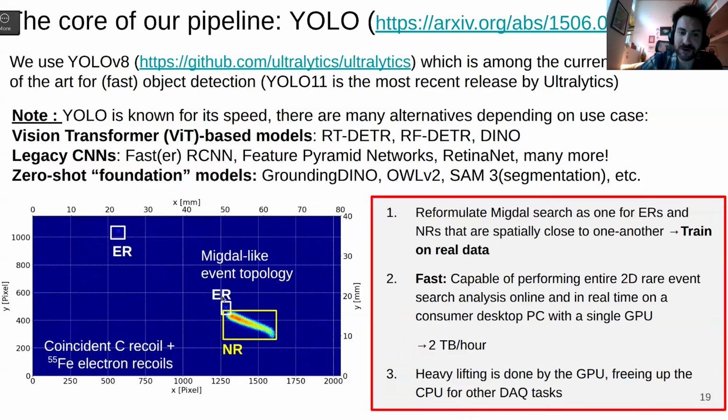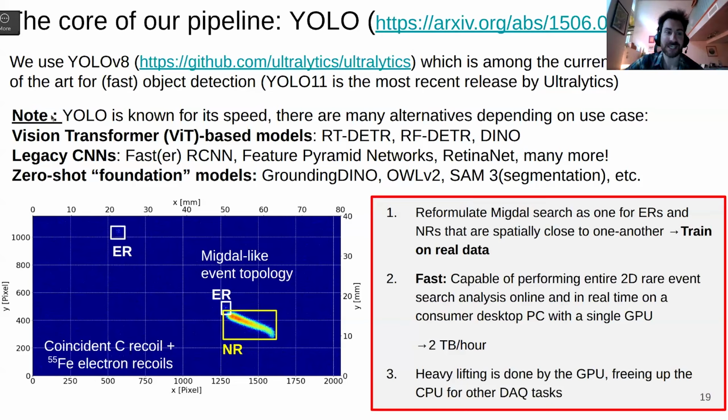We're able to run through our images and analyze them faster than the 120 frames per second acquisition rate of our camera. So we can do our entire search analysis essentially in real time. And furthermore, you can do it without really expensive hardware. You don't need data center level things in order to do this. We do it on a consumer desktop PC with like a $1,500 GPU.